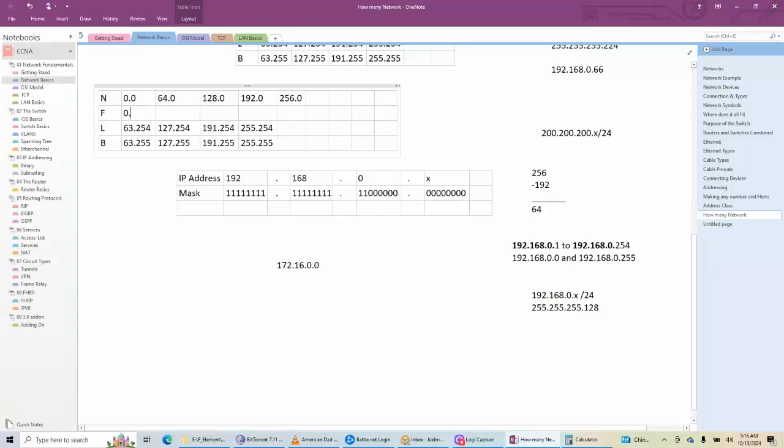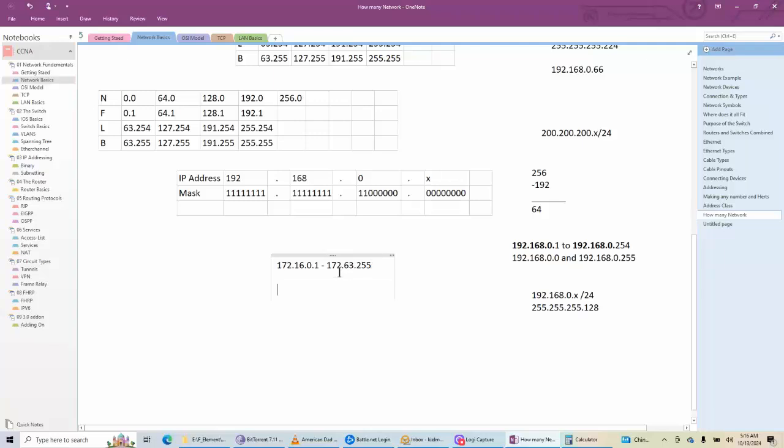So 0.1 is going to be our first valid host, then 64.1, 128.1, and 192.1, and that's it. So our first network is 172.16.0.0, technically 0.1 because those are valid hosts, to 172.16.63.255.